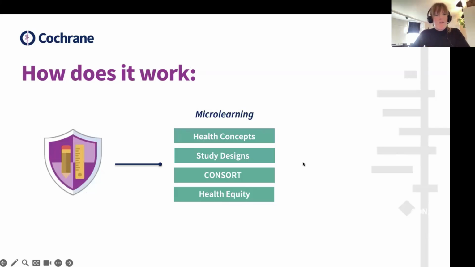And as I've said, we've also developed some standalone micro learning. And we have several different modules available. We have one called Key Concepts in Health Research. We have one on study designs, introducing study designs for complete beginners. We have one on Consort, and we have a new set on introducing health equity.